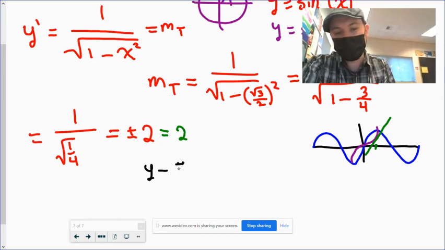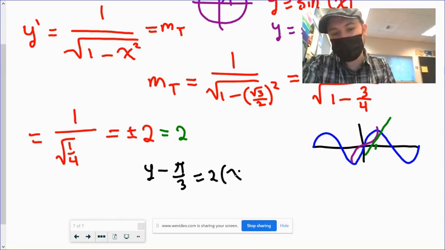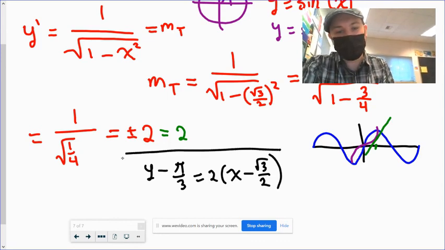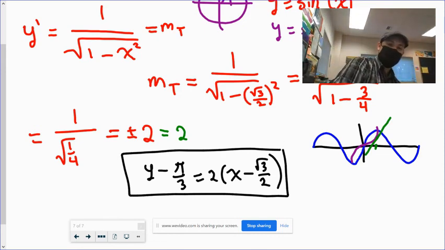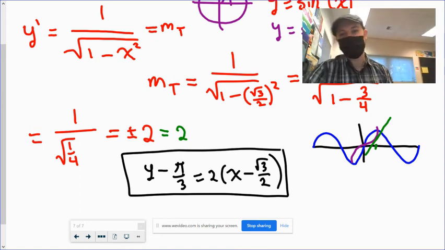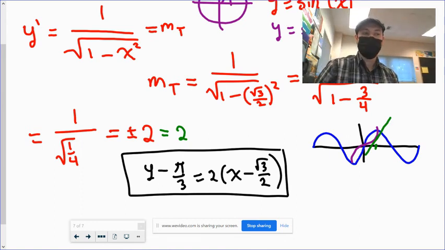So y minus pi over 3 is equal to my slope, 2, times the quantity x minus x1, which x was our input, square root of 3 over 2. And I'm not gonna simplify that to slope-intercept form. I'm gonna call it like it is. That is the equation of the tangent line for sine inverse of x when x is equal to the square root of 3 over 2.